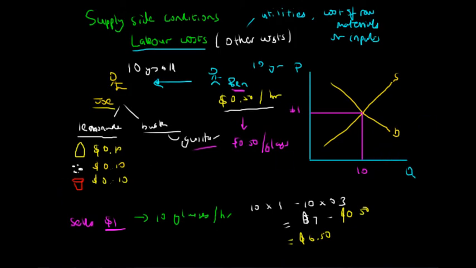So this is Ben. Ben's labor is now worth 50 cents per glass, and if you add these all up, the cost of making lemonade is 80 cents. And so instead of making $6.50 profit, he would in fact only make $2 profit. So 10 times 1 minus 10 times 0.8.